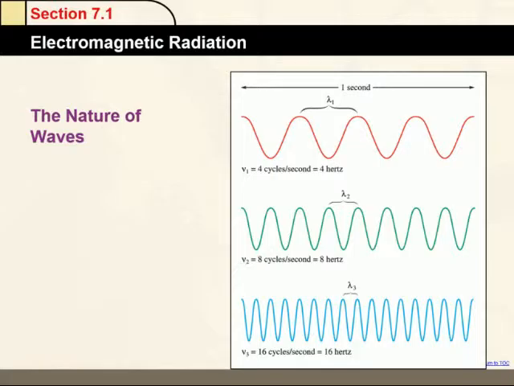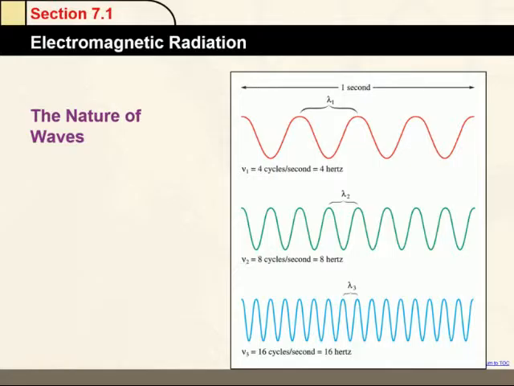So that's 4 cycles in 1 second. That is also known as 4 hertz. That's 4 times per second, also known as 4 hertz. Hertz is a unit. It is the exact same thing as 1 over second, or per second.